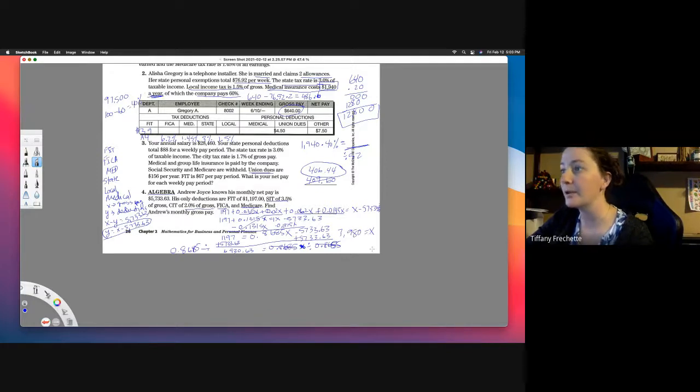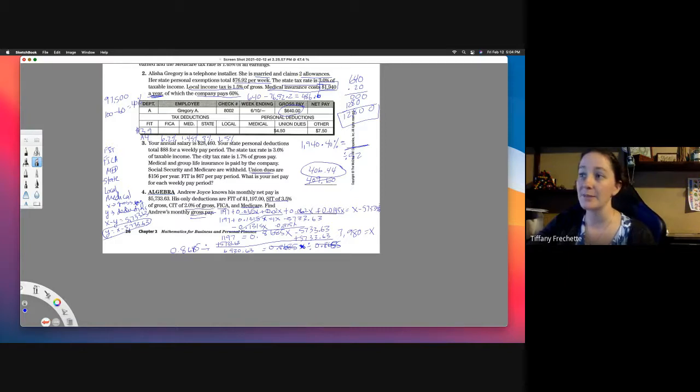And I set this up in a way so I'm finding his gross pay. Remember, X is his gross pay. That's what I wanted. If you set it up in a way that you found y, his total deductions, it would have been just as easy, but then you're going to have to go back and plug it into this simple equation over here so that you know what his monthly gross pay is.